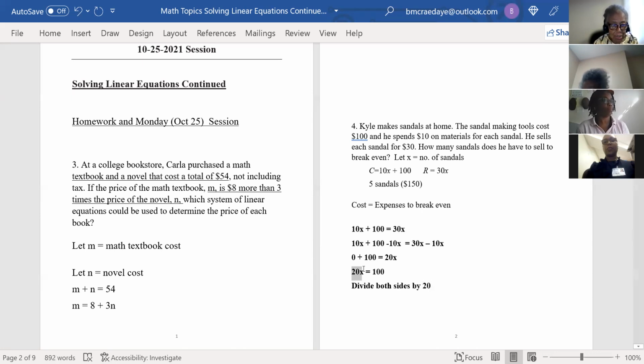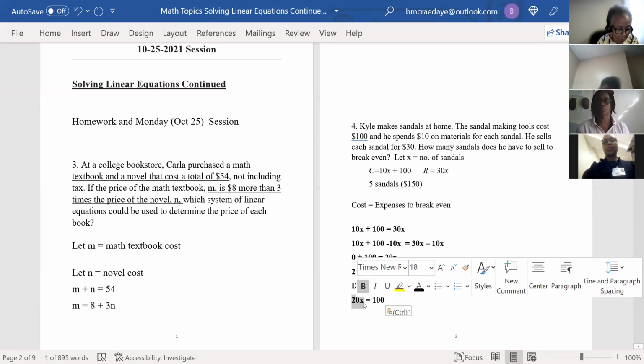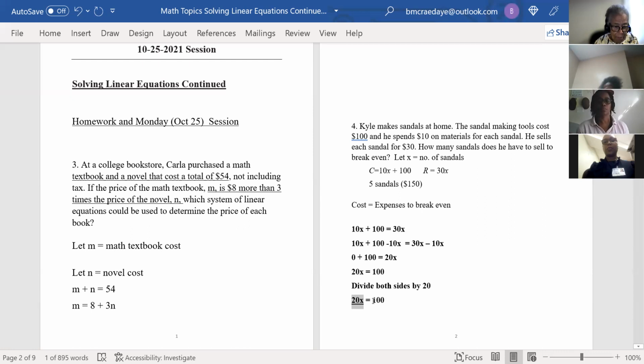So let's just do that. Let's take this 20x equal 100. Divide both sides, well, we can see our answer. What's the answer? 5. That's right. Very good. So we divide both sides by 20 and we get x equal to 5.